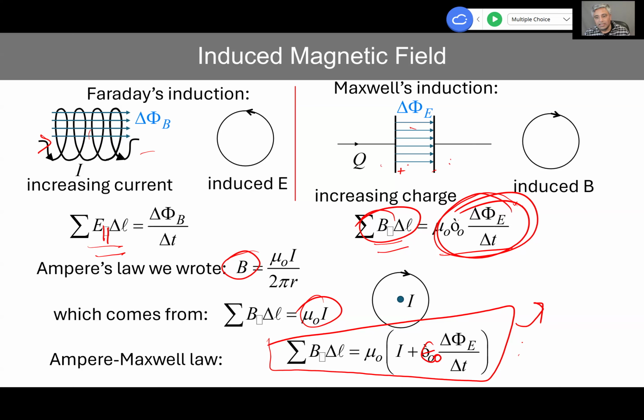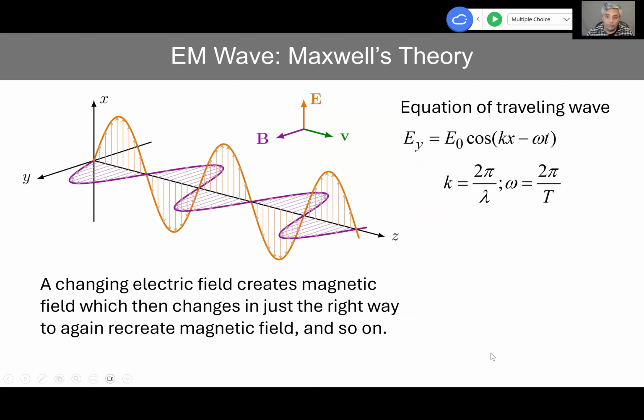But for the physics, we put all these equations together and then derive the equation for these fluctuating or moving waves, the wave equation.